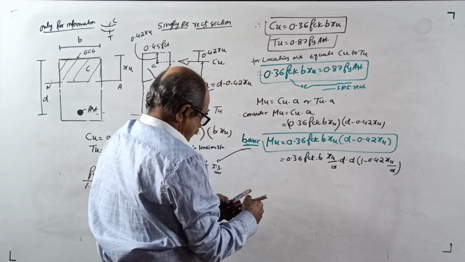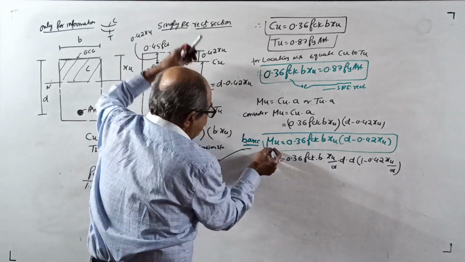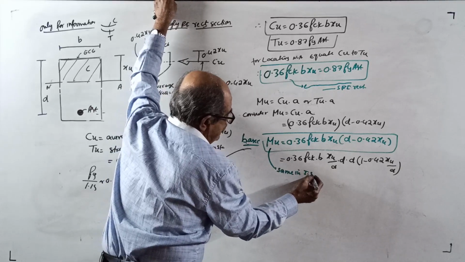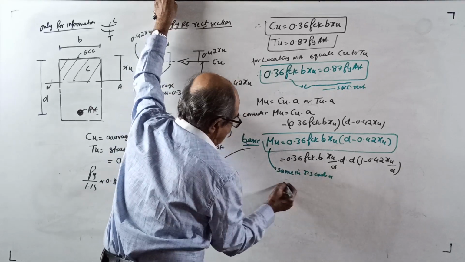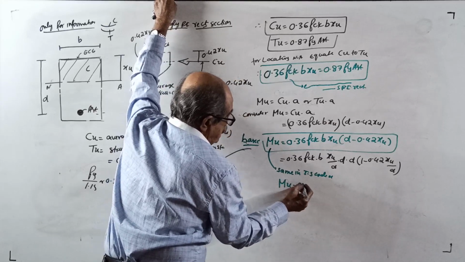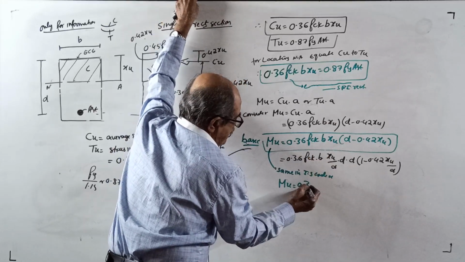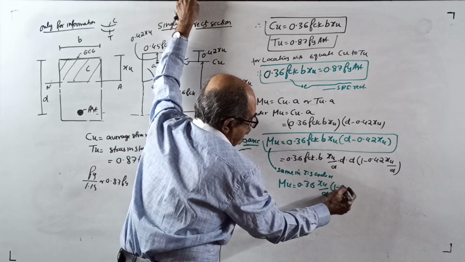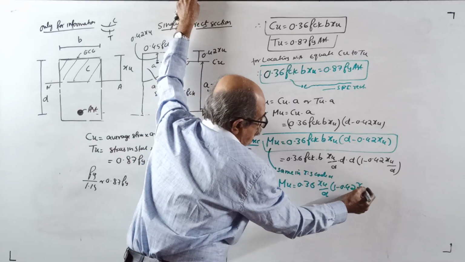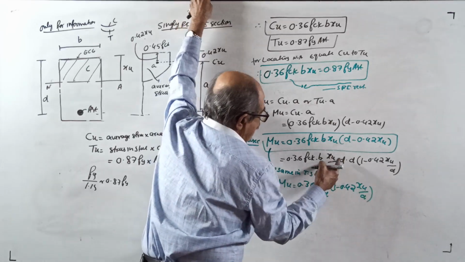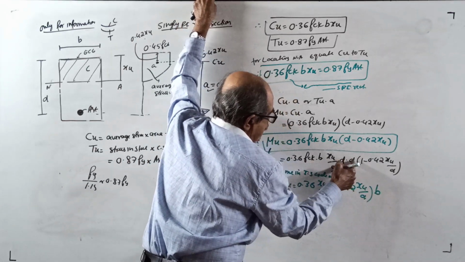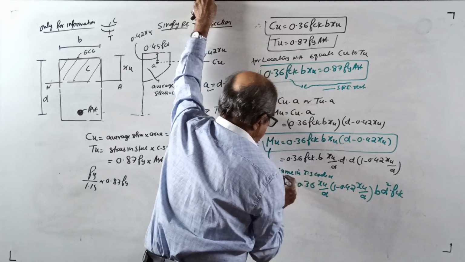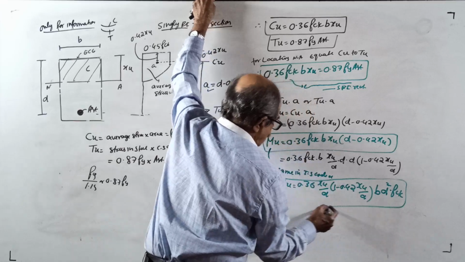Same basic equation, in IS code it is Mu equal to 0.36 xu by d into bracket 1 minus 0.42 xu by d into b into d square into fck. This is the IS code version.